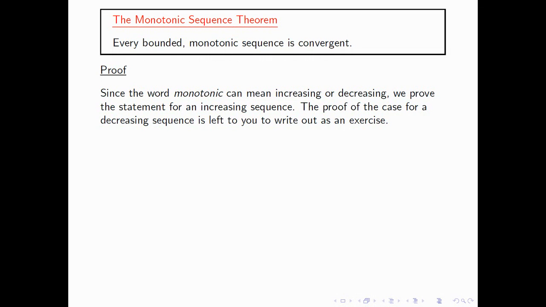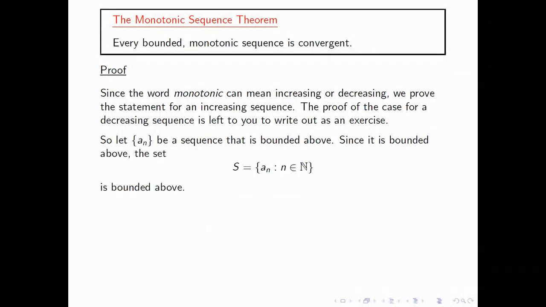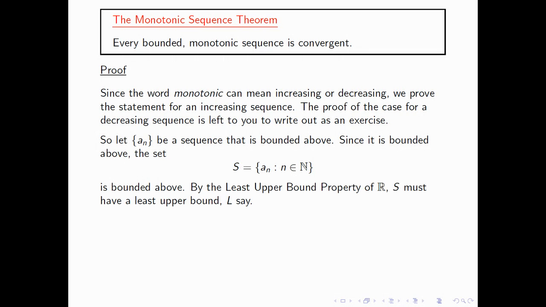The proof of the case for a decreasing sequence is left to you to write out as an exercise. So let a_n be a sequence that is bounded above. Since it's bounded above, the set S equal to a_n, as n runs through the natural numbers, is bounded above. By the least upper bound property, S must have a least upper bound. Let's call that L.